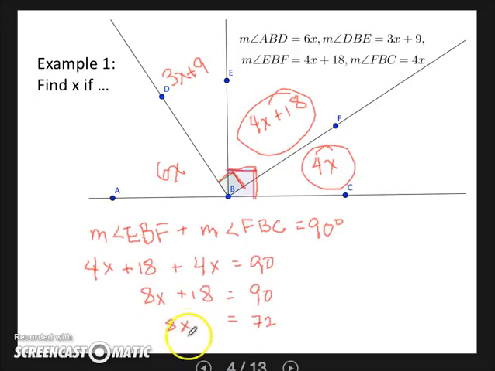And dividing both sides by 8, I have x equals 9. So here I only had to use the fact that perpendicular lines form a 90-degree angle. I didn't really even need to use the fact that perpendicular lines form two congruent adjacent angles, although that fact might come into play in other problems.